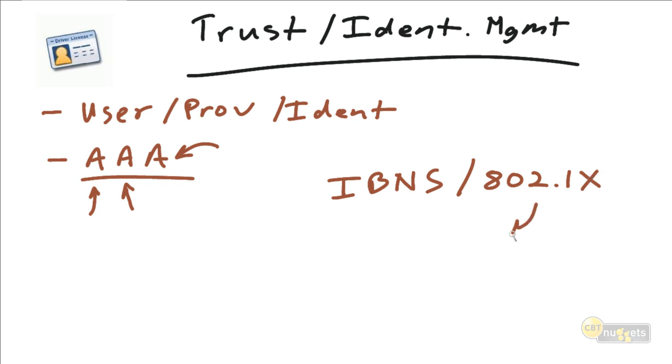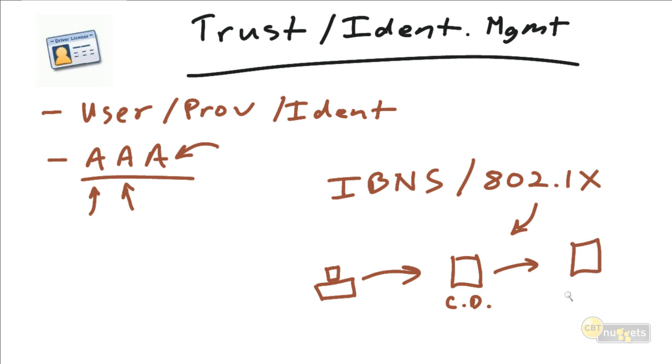What 802.1x allows you to do is have a user that wants to get onto your network hit a Cisco device. Maybe this is a Cisco access point, a Cisco switch, and then have that device check with a AAA server.